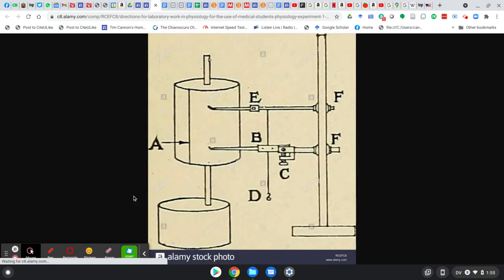And here's a picture of it. And now this one is nice because it has 2 pens, which we'll be seeing quite a bit of. And again, the clock motor would be down here. Rotate the drum. The drum has a single piece of paper on it. One of these pens is the event pen, and the other pen may be like a time base.